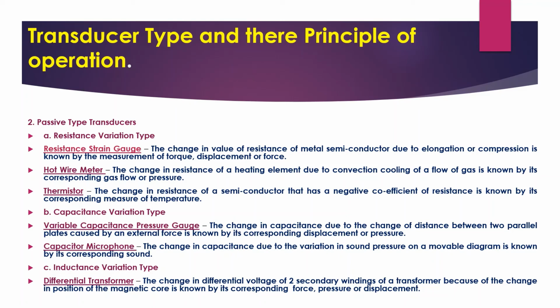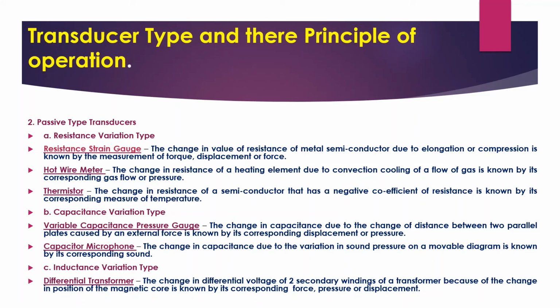So if the same amount of voltage is induced on both secondaries, they will be phase opposite and will cancel each other, and if they cancel each other, the output voltage will be zero, right? So the voltage will change according to the voltage induced in the secondary. That phenomenon is used in LVDT, linear variable differential transformer. Okay, so this is all about the basics of transducers.